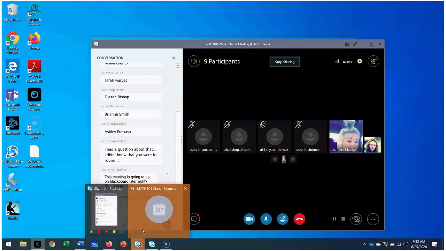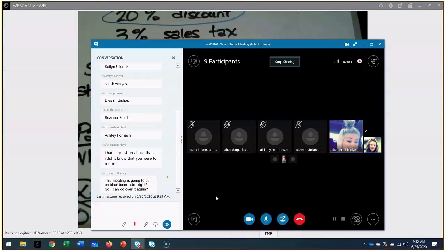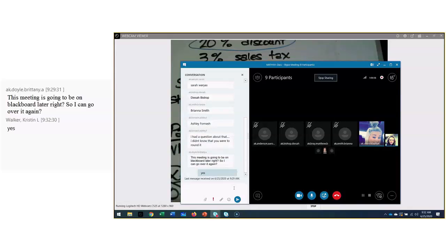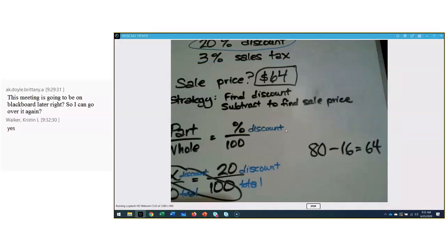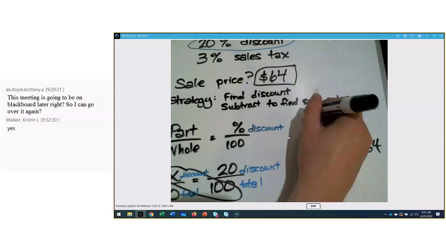Yes, now I did a different, I don't want to confuse anybody, but what I did was I had the 80 and then I took the 20%, so it was 0.2, and then I did it that way. Okay, instead of doing the proportion, you did it this way then.